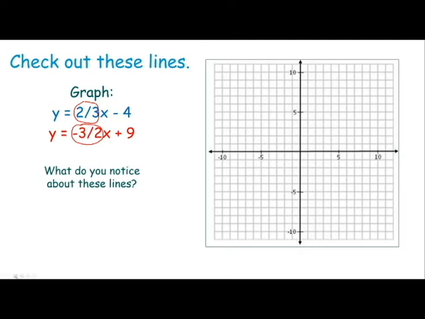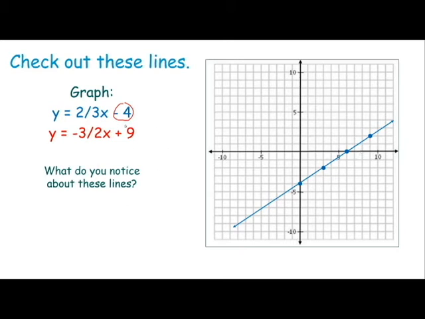So let's graph them. The blue line says I'm going to cross the y-axis at -4, so I put a dot there. The slope says go up 2 every time I go over 3, and I'm just going to keep repeating that as many times as it takes to get a nice straight line.